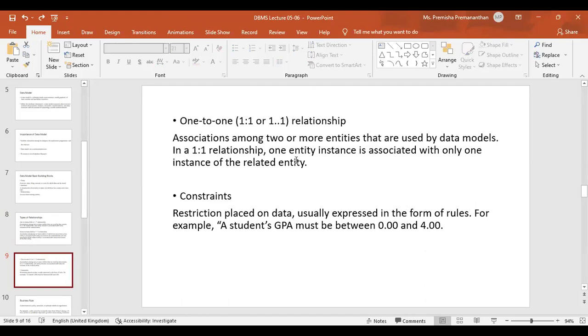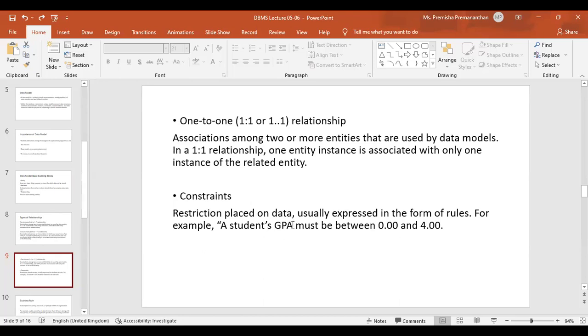Okay, so another part is constraints. Constraints means we have some restrictions. When it comes to some data, it has some restriction rather than the usual data types, right? When it comes to GPA as data, normally in database design, we give it as a number. GPA is a number data type.